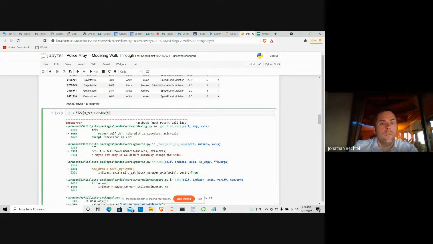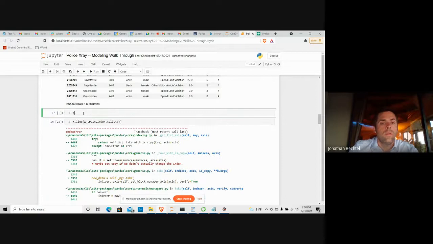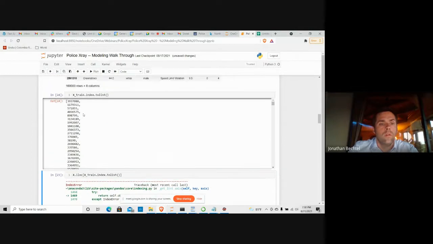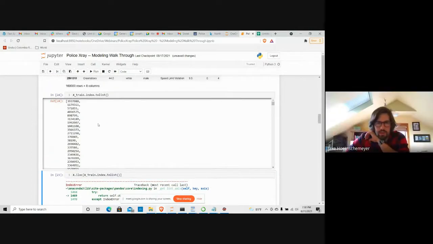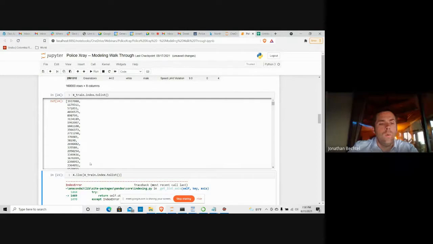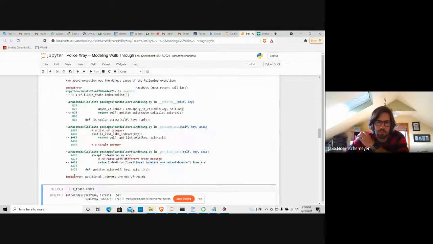I still think this should work. So it's not clear. Would you want to do this on DF instead of X? Why not? Let's just try it. I think it probably should work, but I was just thinking that X wouldn't have the search conducted value.